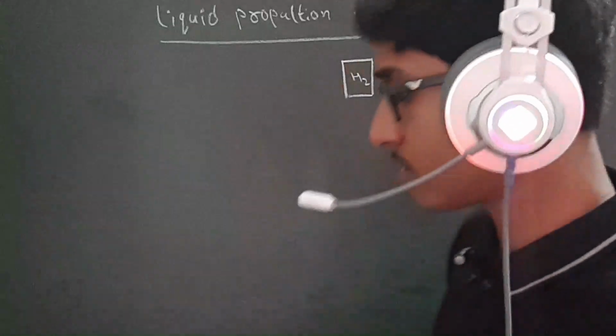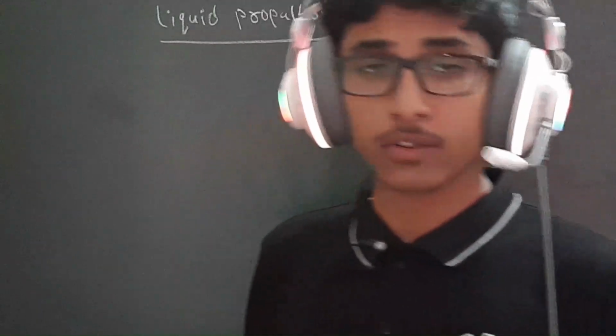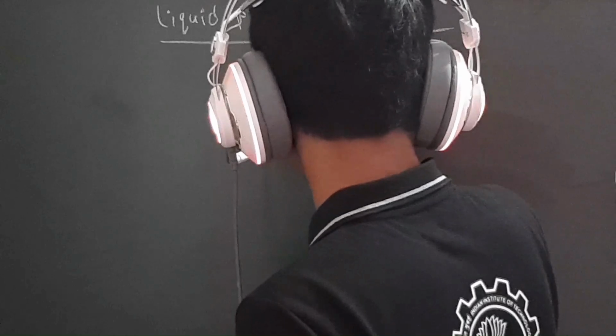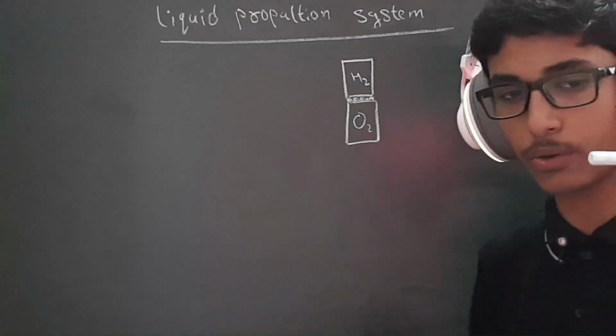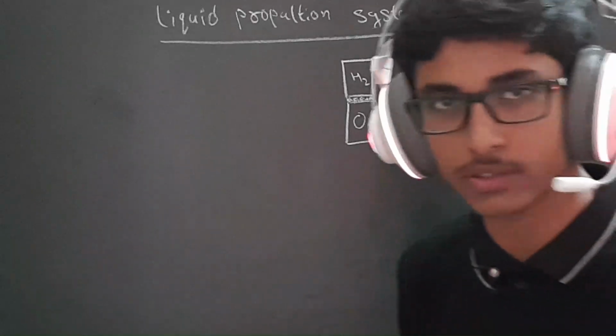So as an oxidizer, the rocket uses liquid oxygen. Same here, oxygen is found naturally in its gaseous state, but it is converted into liquid by compressing it into a special tank, that is the oxygen cylinder. Now these two tanks are loaded: the liquid hydrogen tank and the liquid oxygen tank.